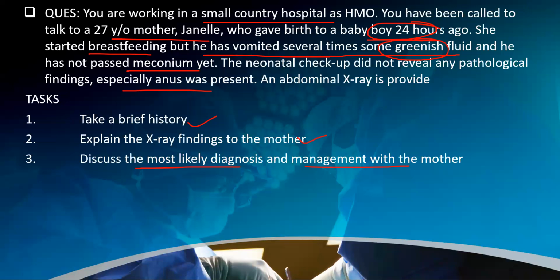Why? Yes, Dr. Kirti, very good, because it's a greenish vomiting. So greenish vomiting will not be there in esophageal atresia, right? Because if it's coming from the gut, like the duodenum, then only it will be greenish. Very good.